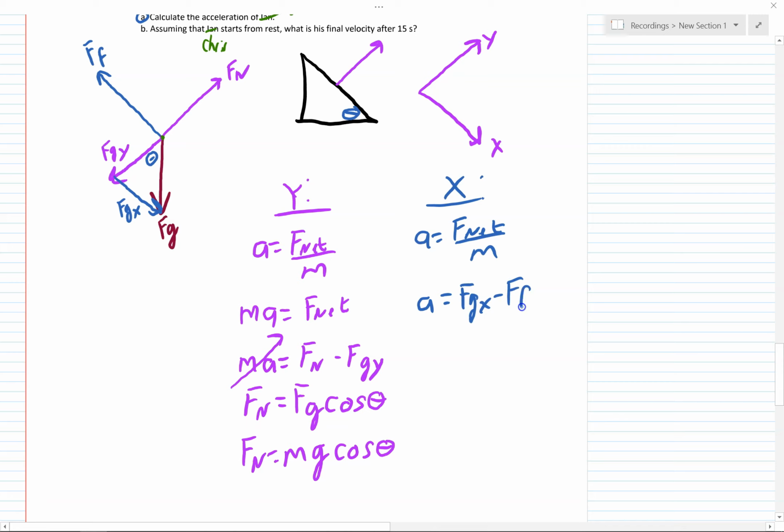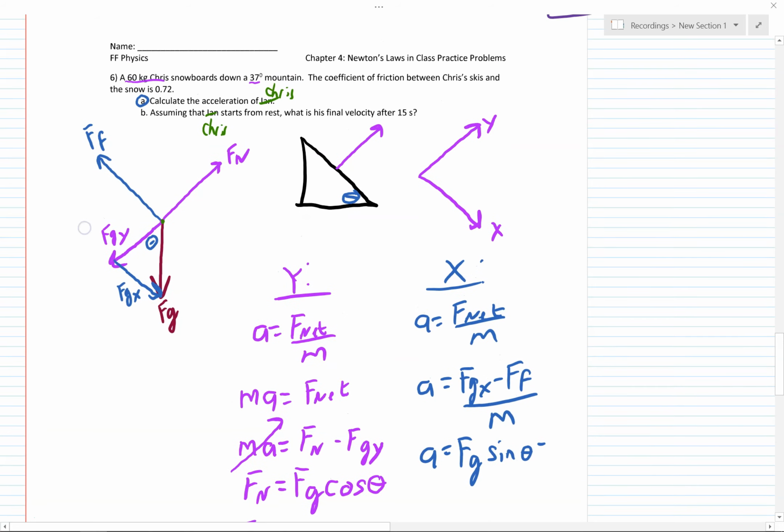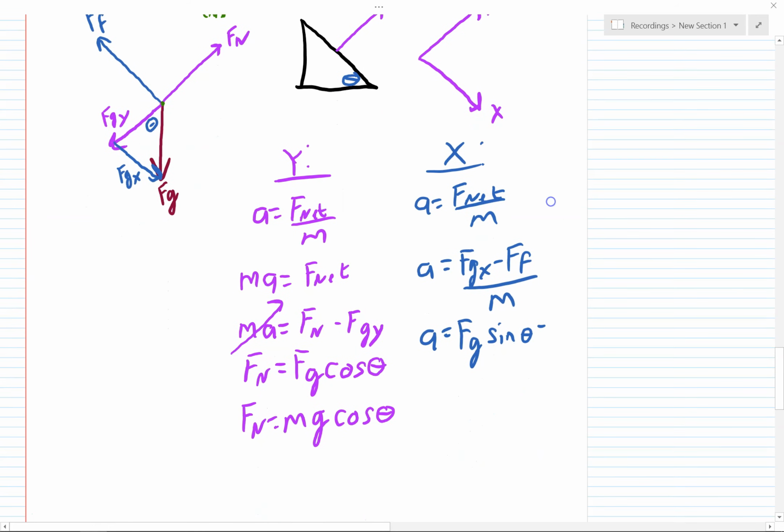Fgx minus the force of friction all over the mass. We could solve for Fgx in terms of F sub g. Notice Fgx is opposite the angle, so we have to use sine of theta, because it's Fg sine theta, minus, we're given the coefficient of friction, but not the force of friction. Let's break down Ff into its formula, mu Fn, all over the mass.